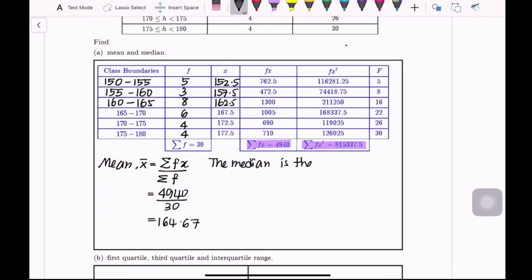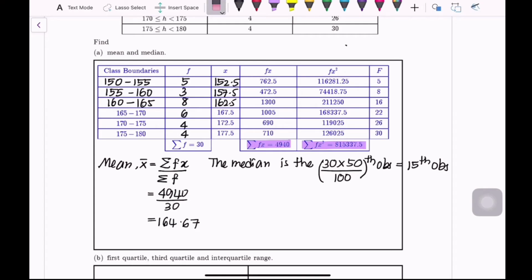The median is 30 times 50, because median is P50 over 100, observation, so here it is equal to the 15th observation.